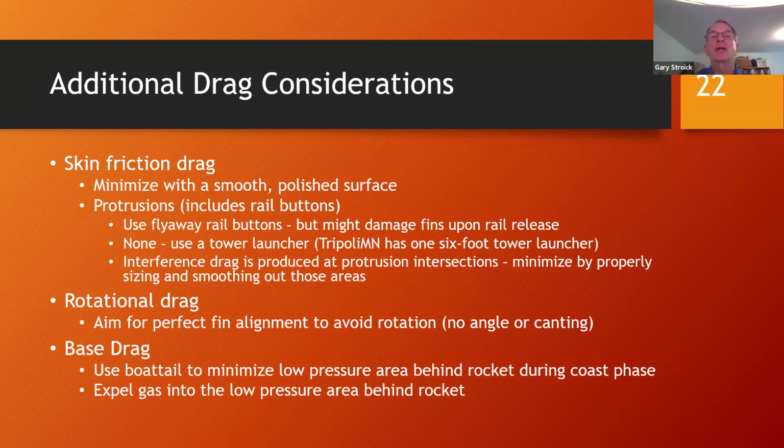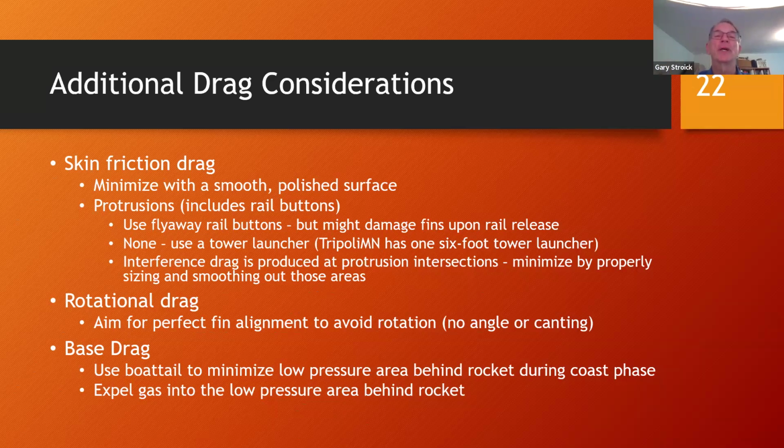And then there's base drag. Base drag is really on the aft end of the rocket, on the airframe. There is a space there that once the motor burns out basically isn't being filled with air. There's air going past it, and the air is trying to fill that empty space, because as you're moving forward you're creating space. So there's basically turbulence trying to fill that space. Well, you can minimize that space by putting a boat tail on the aft end of your rocket, making that space smaller and narrower.